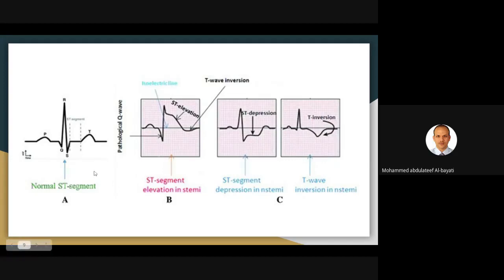This picture also shows you the normal ST segment, with ST segment elevation, and ST depression in the non-ST elevated myocardial infarction. Or we can see the T wave inversion in the non-ST elevated myocardial infarction.